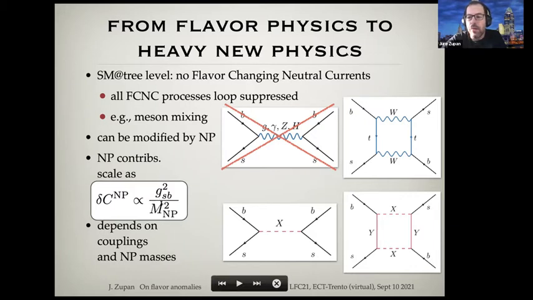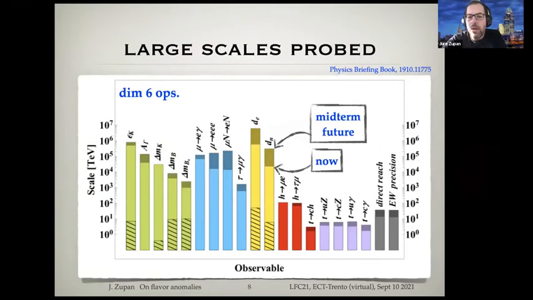And the effects disappear either when the couplings are small or if the new physics is very heavy. So how heavy? If I fix these couplings to be order 1, depending on the observable, you're probing scales from 10 to the 3 TeV all the way to 10 to the 6 TeV.